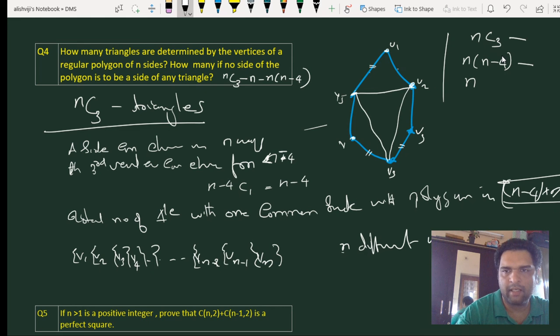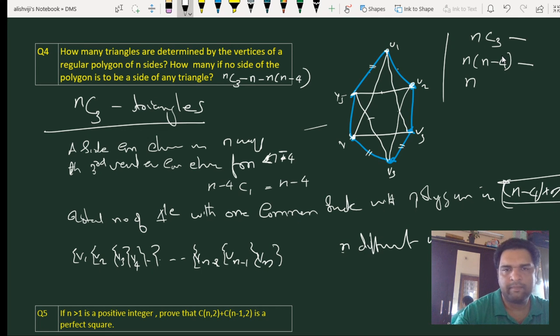This particular triangle has no sides common to the polygon, so we are counting triangles like this, or in this case, another triangle like this.